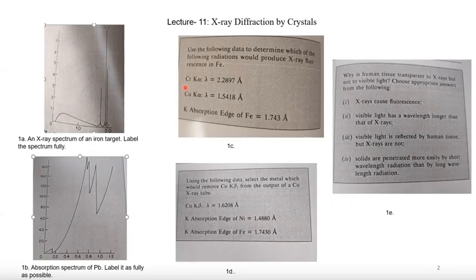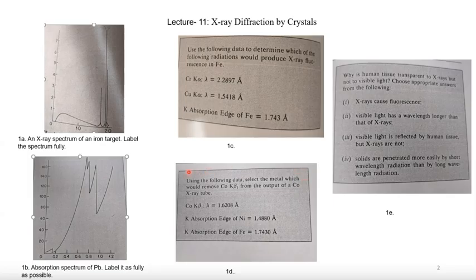If you look at it, copper K alpha will produce X-ray fluorescence for iron, since chromium K alpha is too high compared to the absorption edge, so copper K alpha will produce X-ray fluorescence in iron.